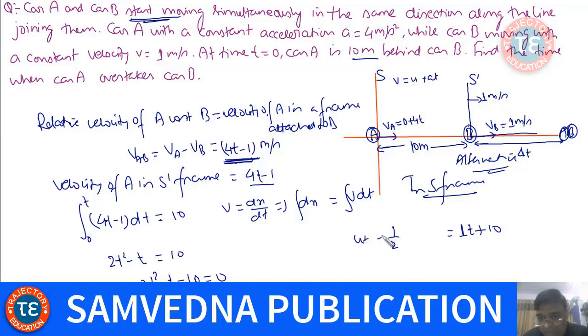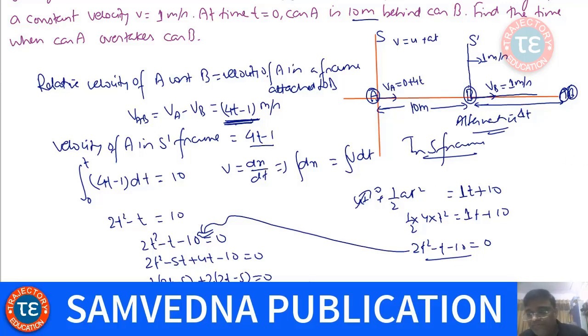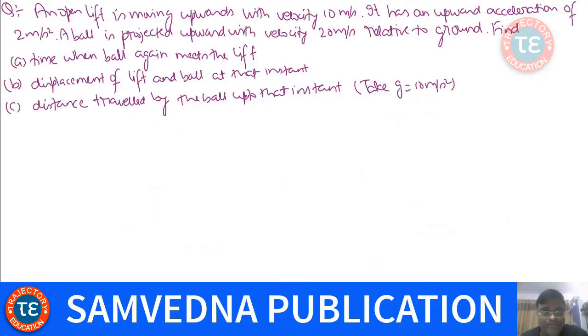So the distance traveled is ut plus half at square. u is 0, so this is half into 4 into t square, equal to 1t plus 10. That will give you 2t square minus t minus 10 equal to 0, the same equation, right? So you can do it this way. Get your point. You have to visualize the things.